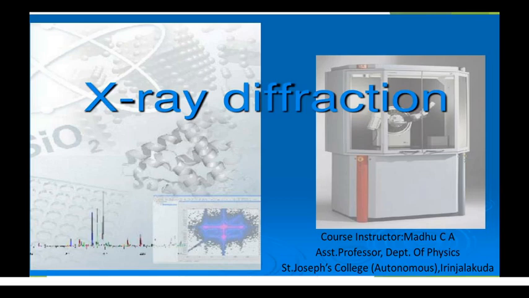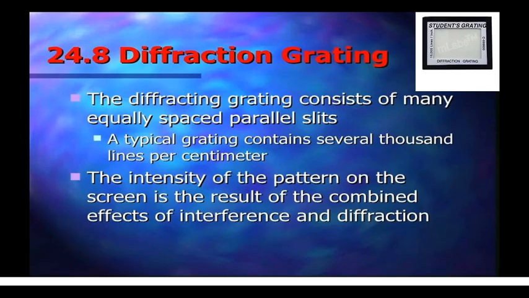So how can we observe diffraction of light? Diffraction of light can be observed using a device called a diffraction grating. A diffraction grating is also known as a diffraction transmission grating or diffraction reflection grating.